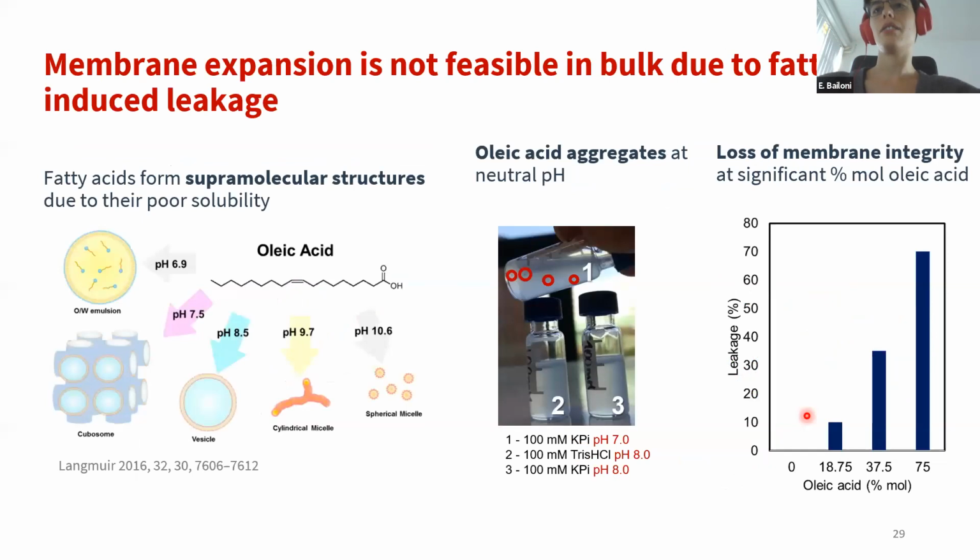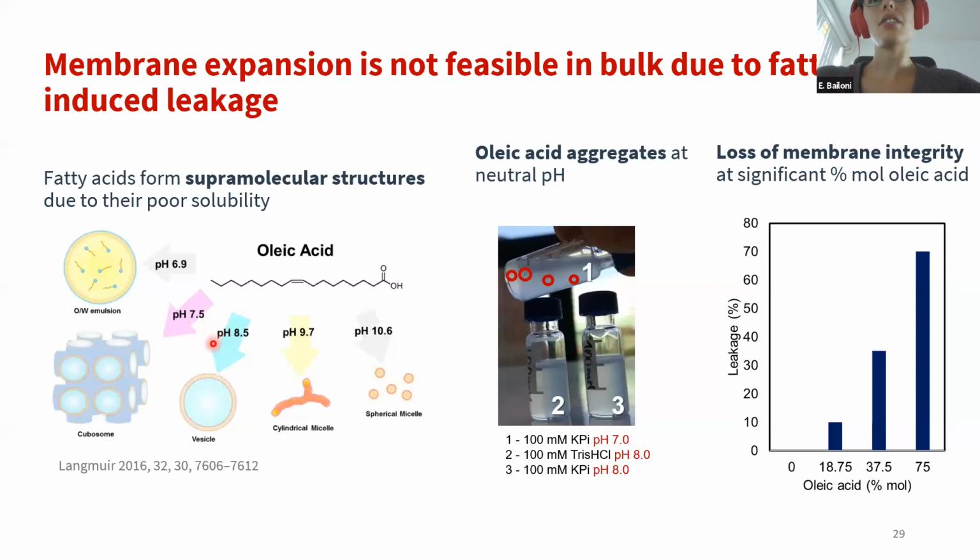I want to build on that by reminding you that oleic acid is very poorly soluble. Its critical micellar concentration is perhaps a few micromolar, depending on how it was measured. And what happens above the critical micellar concentration is that it will rearrange into supramolecular structures based on the pH. Around neutral pH, we find so-called cubosomes.